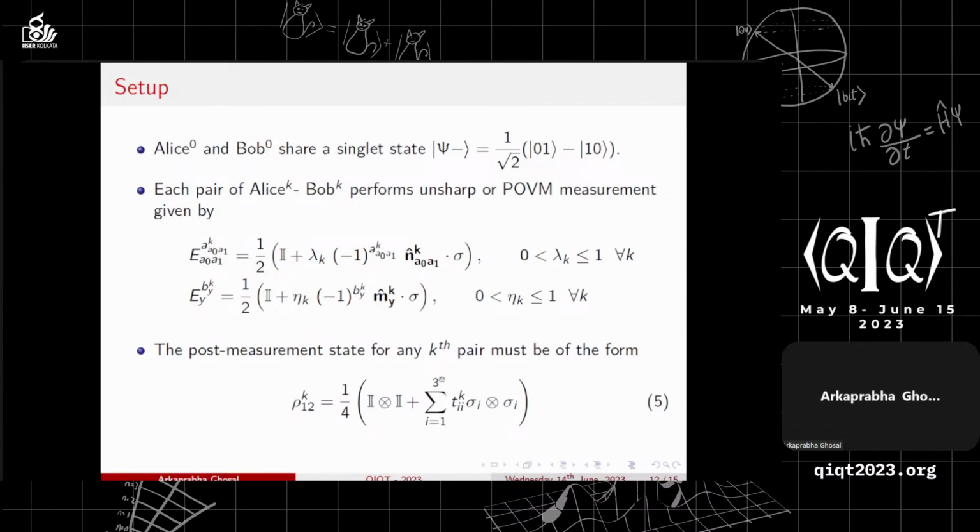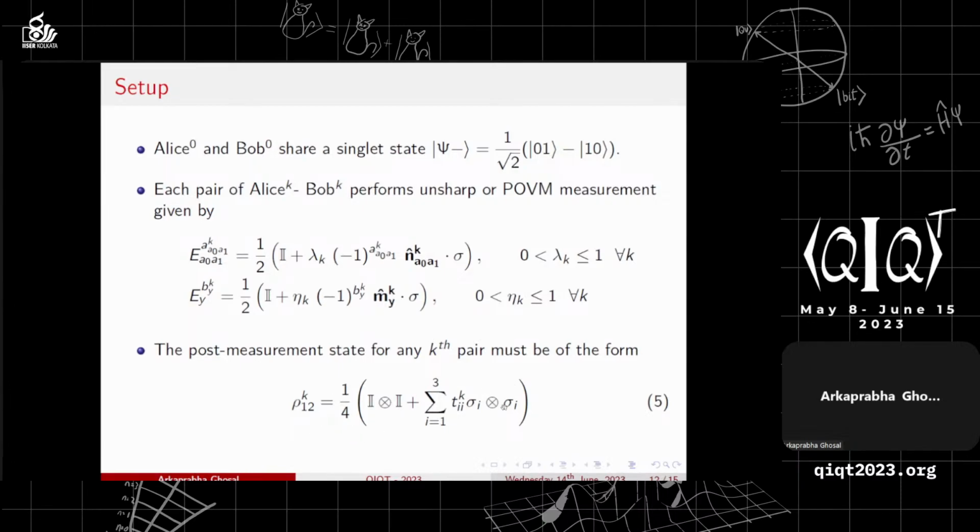This is actually a Bell diagonal form. In general, we cannot say whether it is an entangled state or not. It can be separable as well as entangled. Why is it Bell diagonal? Because if we do a spectral decomposition, the eigenvectors will be in the standard Bell basis.